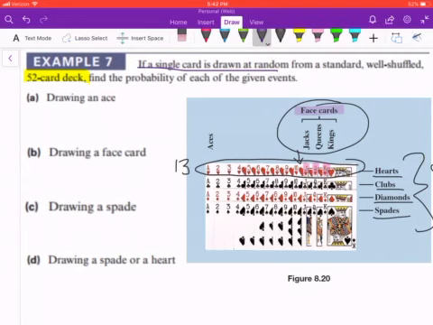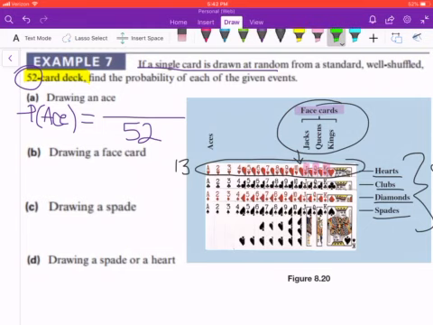So remember that when we calculate probability, we need to know the total of the cards, in this case, or of whatever items you're choosing from. So we have 52 for the total. And for the number of aces, it will be 1, 2, 3, and 4.